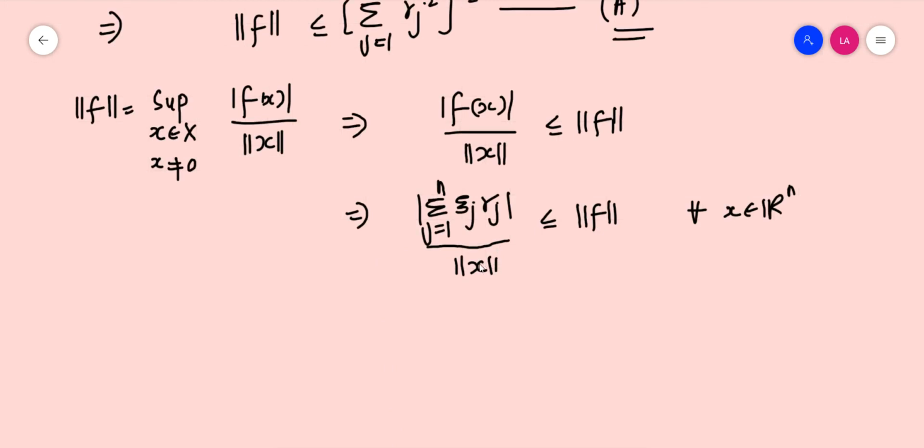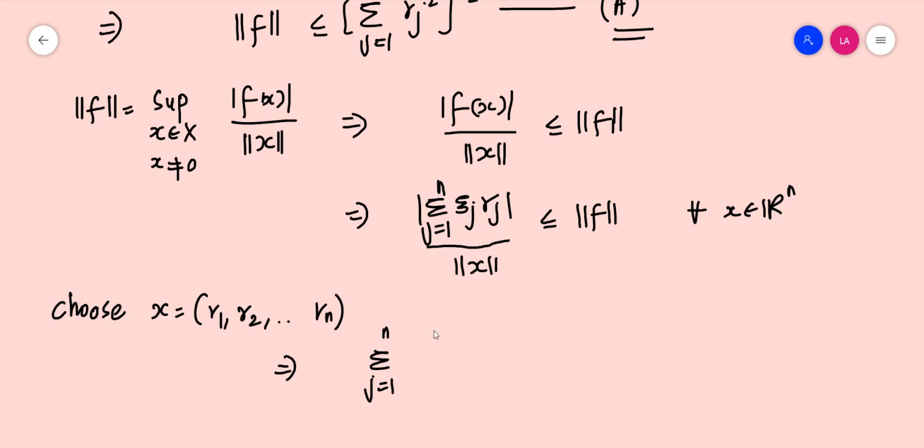So we choose our x to be gamma 1, gamma 2, etc., gamma n. This result is true for this x as well, which implies summation j equal to 1 to n, where theta j becomes gamma j.